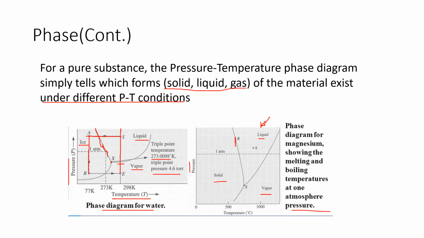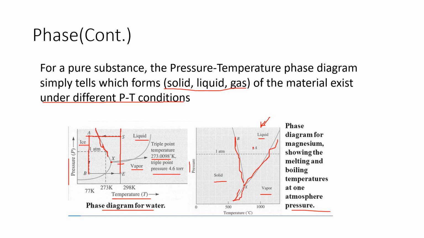The line XB is the boundary line which separates the liquid region from the solid region. Another boundary separates the liquid region from the vapor region, and similarly this line separates the solid region from the vapor region. All of these boundaries are separated by a triple point X at different pressure and temperature.